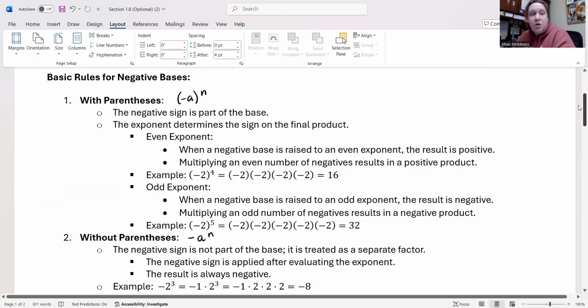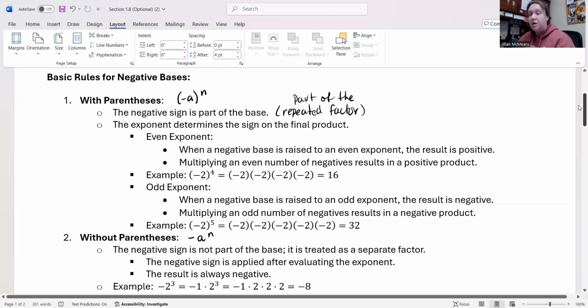Okay? So first of all, when you're dealing with a negative in parentheses, the negative sign is part of the base. Therefore, it is part of the repeated factor, okay? And the exponent determines the sign on the final product.